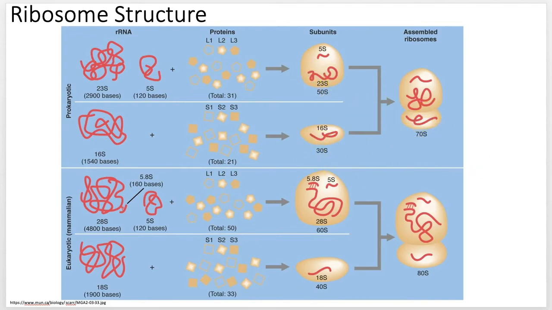It should be 80S, but it turns out the sedimentation units are just kind of goofy like that. Even though it doesn't add up correctly, because it's not mass. If it was mass, then yeah, it would add up differently. But if it's sedimentation, well, this actually just sediments in a different spot, it's not the actual addition. It's fun. You just kind of have to accept it and move on and hope that you never have to do sedimentation.